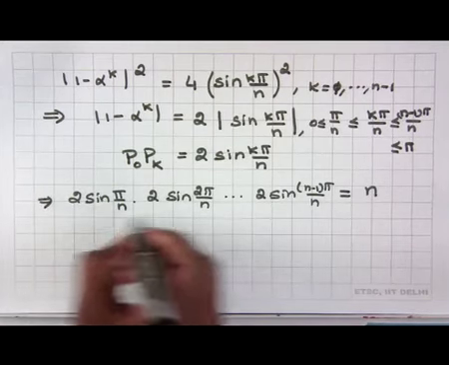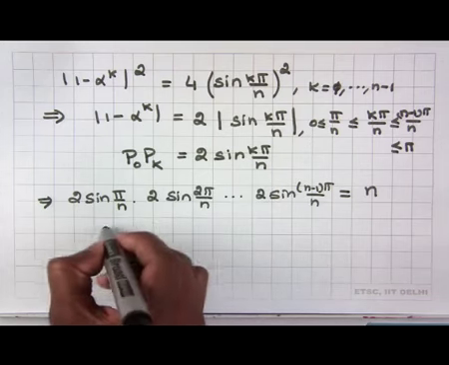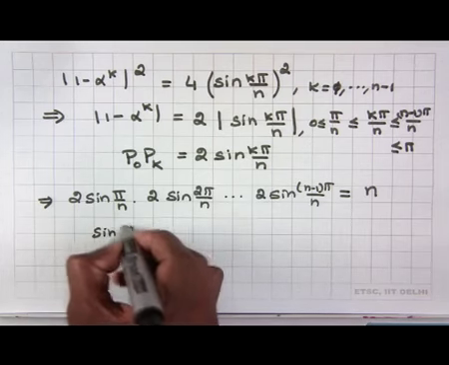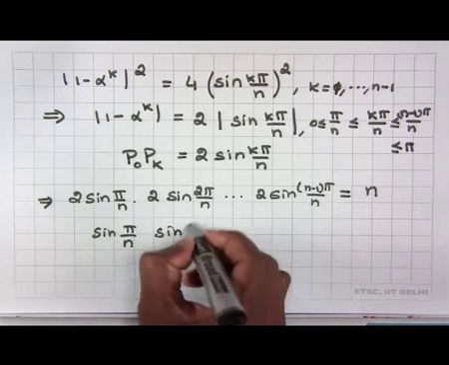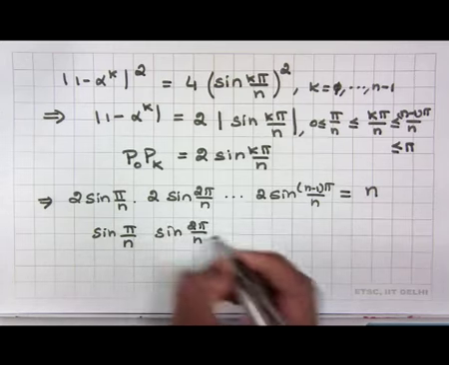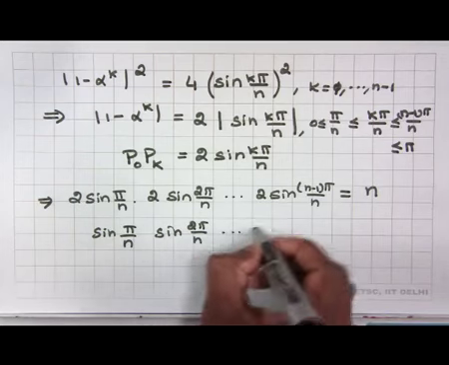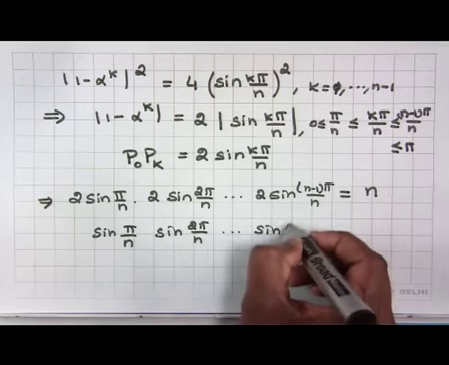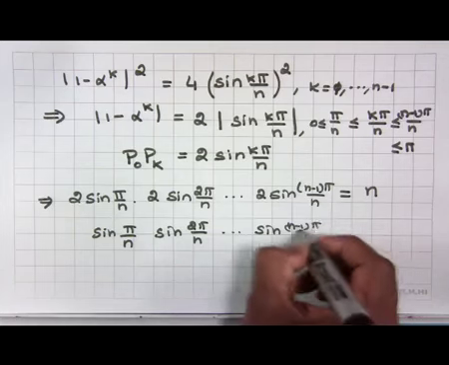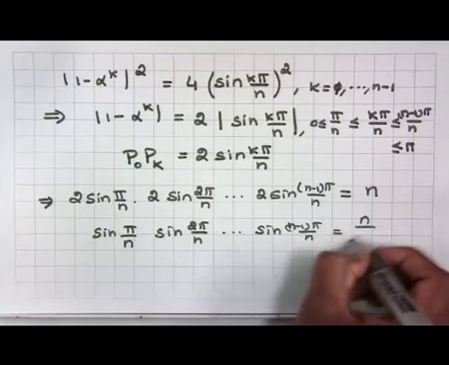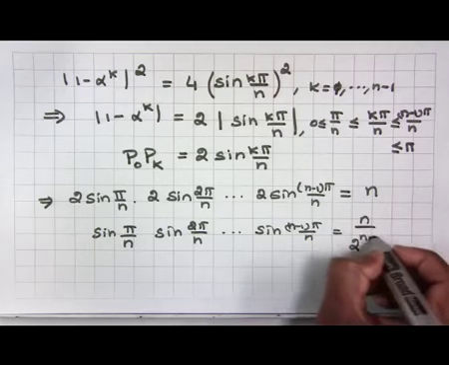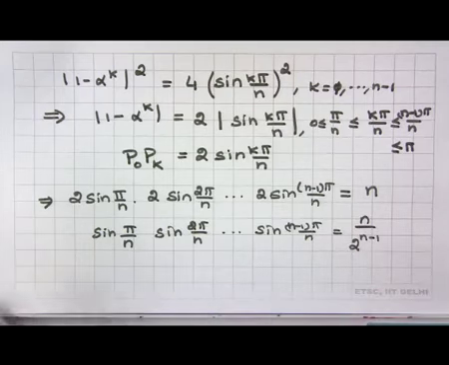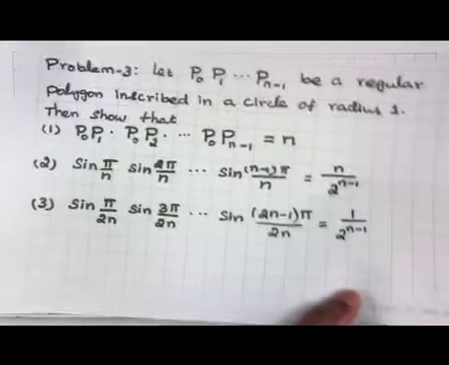Hence, we see that the product of sin pi by n, sin 2 pi by n, till sin n minus 1 pi by n, we get n by 2 power n minus 1, which is the required identity.